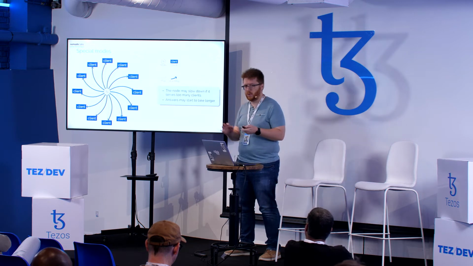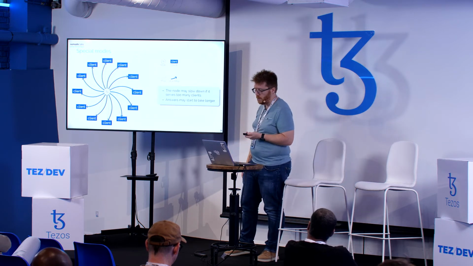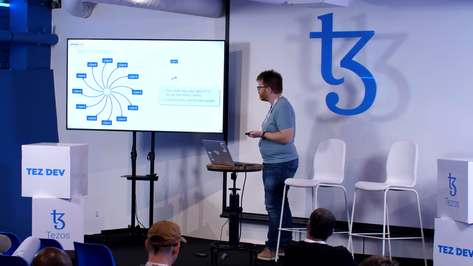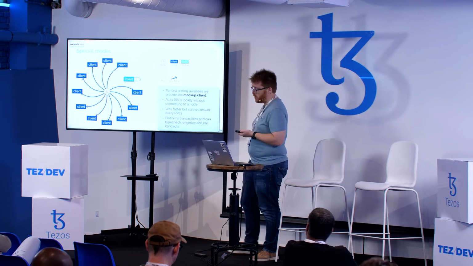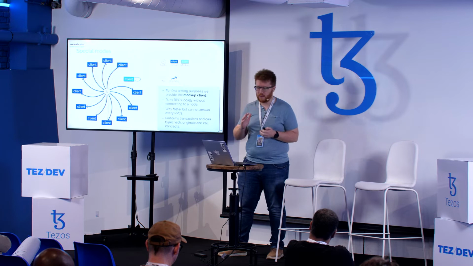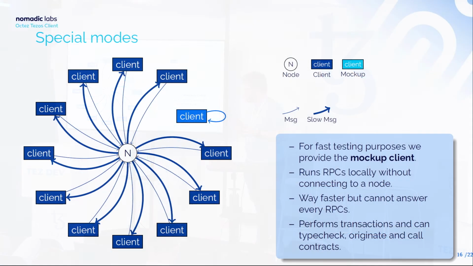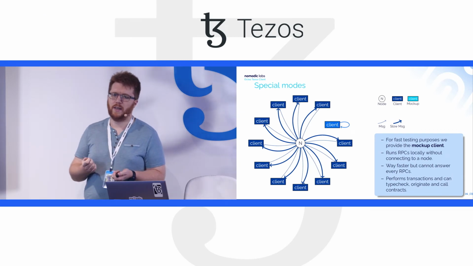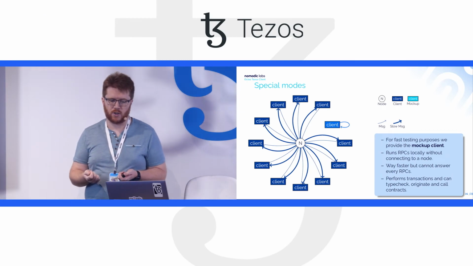So we provide a few modes for the client to help you, in particular for testing purposes. First, we provide what we call the mockup client. The mockup client is a very special client that runs all its computation locally without being connected to a node. So this means that when you use the mockup client, you can simulate a connection to a node and have very fast interaction with your client.